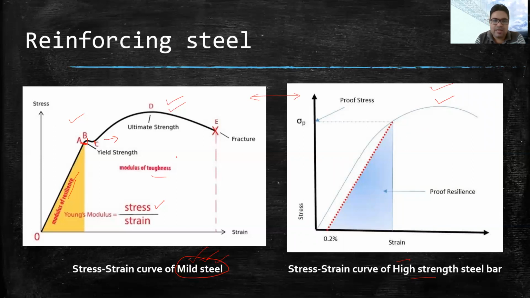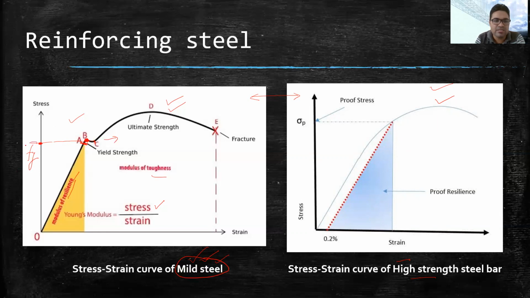But in this case, at this point, if we refer to the stress, this stress will be called Fy, which is yield stress. Beyond B, the steel will start yielding. So corresponding to point B, we say that this is the Fy value.